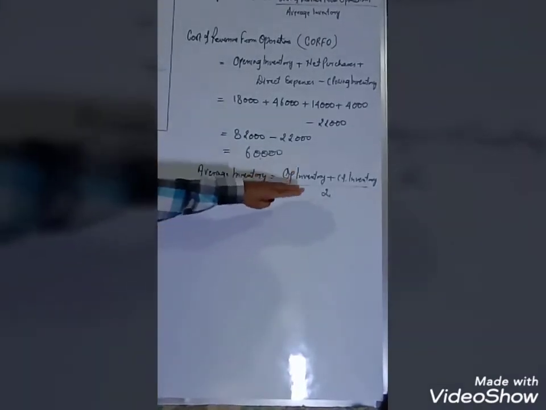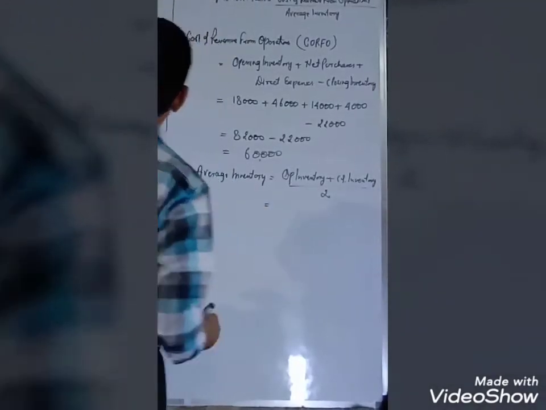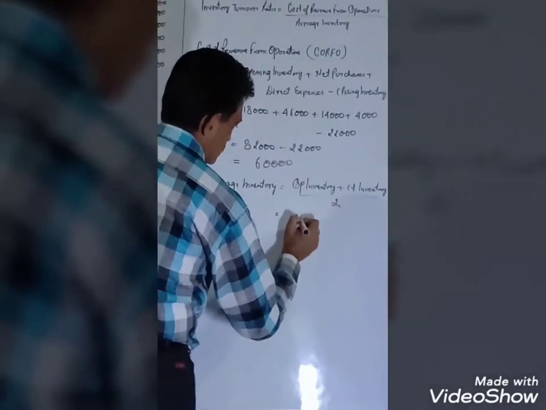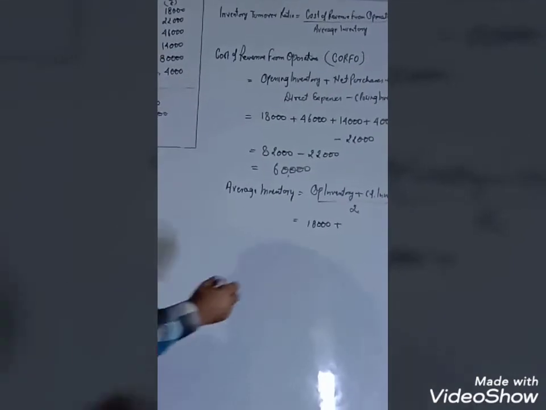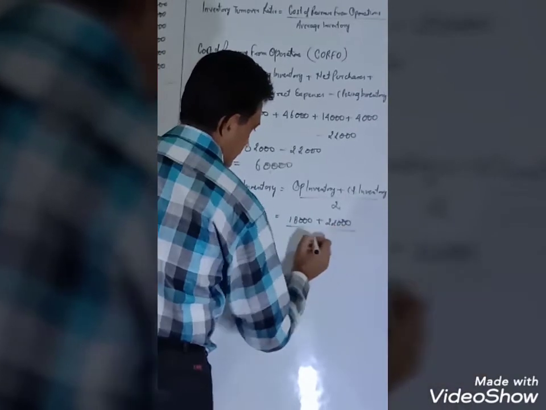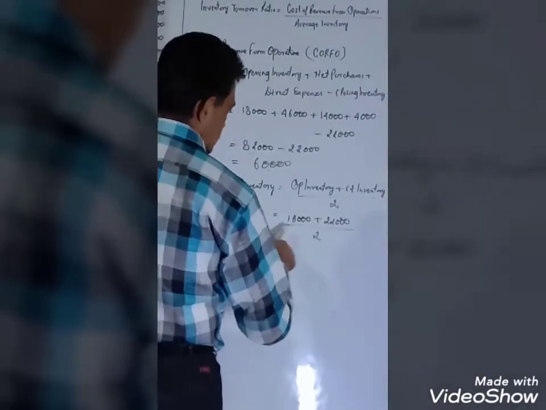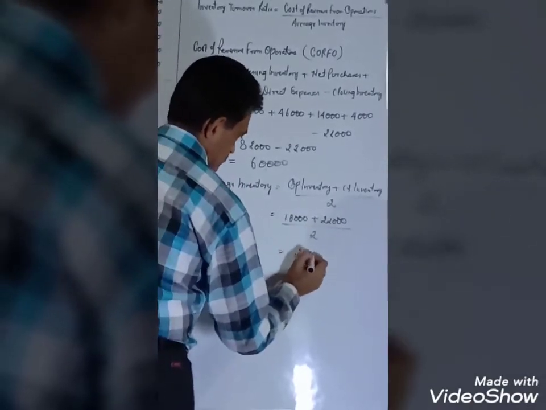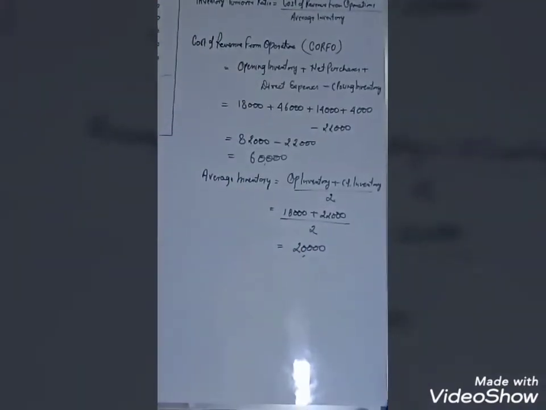Now, opening inventory we have got 18,000 plus closing inventory is 22,000 divided by 2. So this will become 20, 30, 40, 20,000. Average inventory is rupees 20,000.